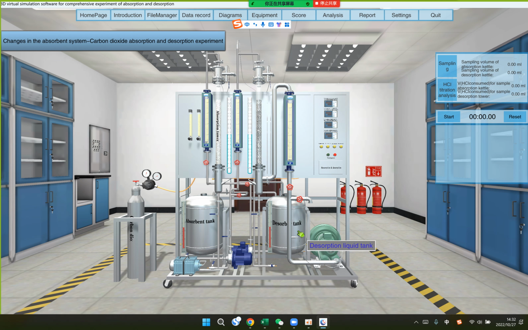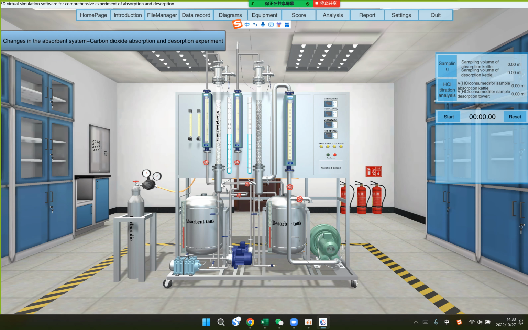First, from the bottom there will be a mixed gas with constant concentration of the carbon dioxide, because we can control the flow rate of both carbon dioxide and air, and also there will be a liquid after the absorption process.